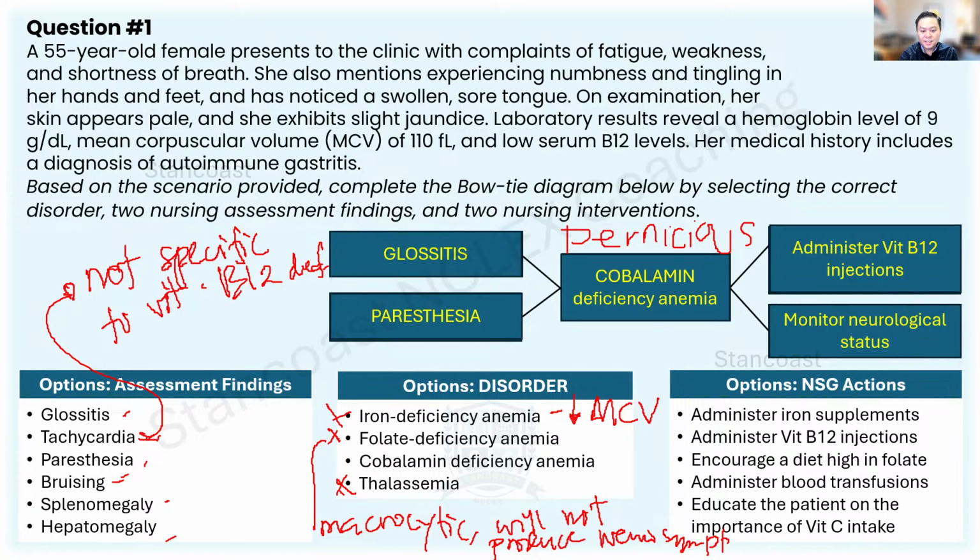Okay. What about the bruising? The bruising is going to be associated with problems in the platelets, as we had talked about days ago. For the splenomegaly, it is not going to be associated with the vitamin B12 deficiency.